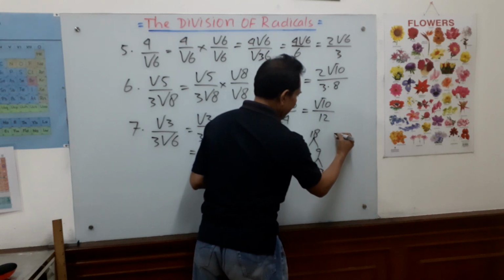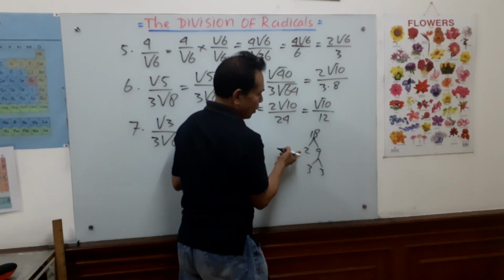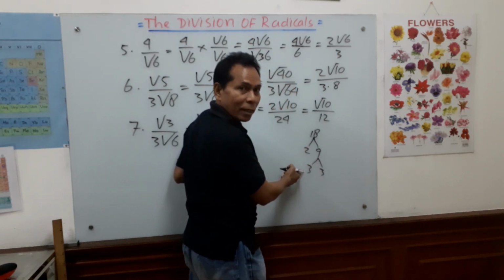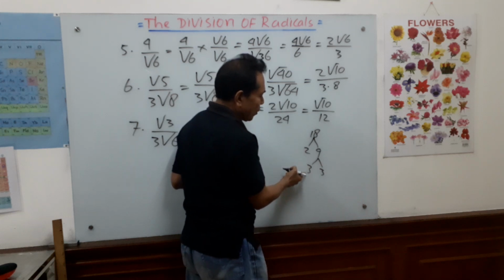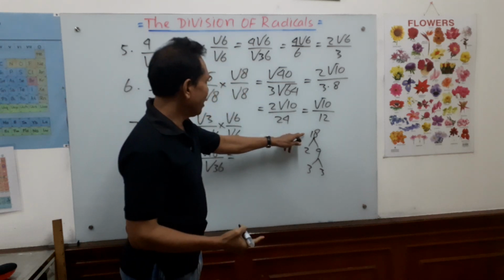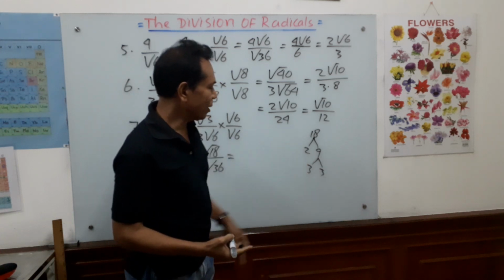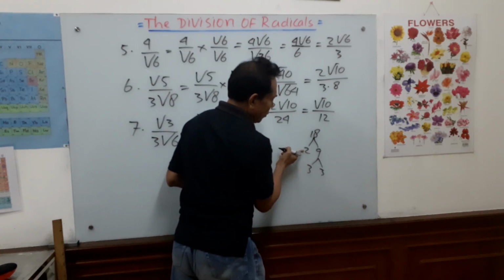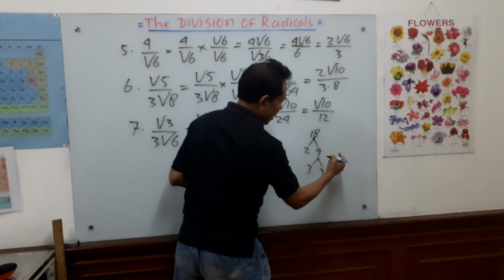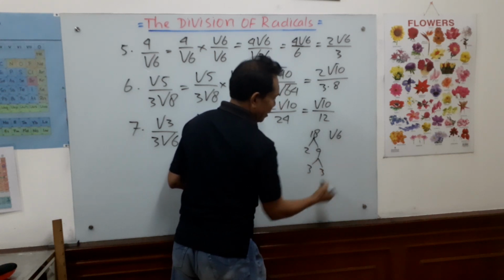So we have square root 2 times square root 3.